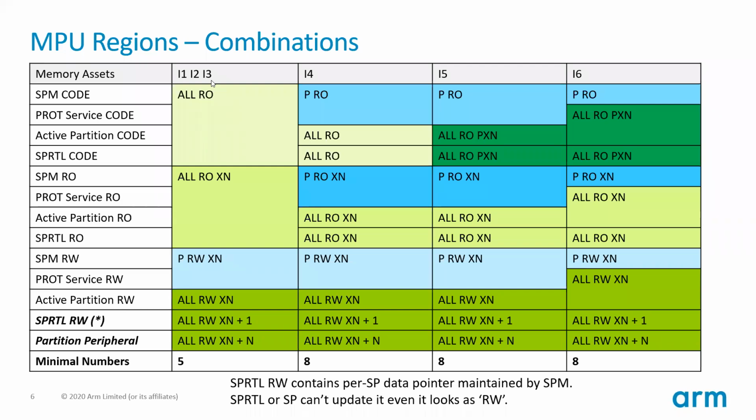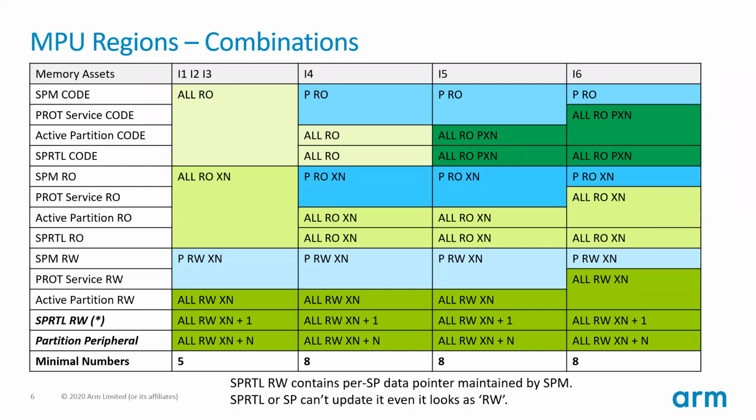So I have a doubt on the slide. When we implement rule I5 and I6, we are saying that we would need PXN capability to prevent SPM from accessing active partition code. Can we do it with the regular XN attribute? Is PXN absolutely essential?